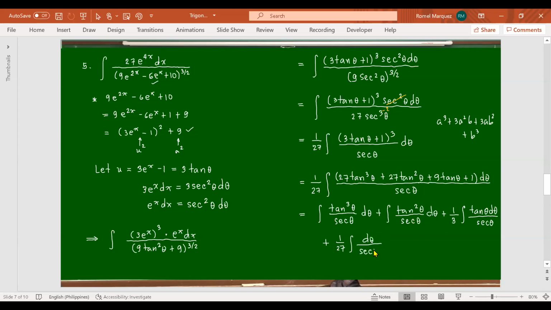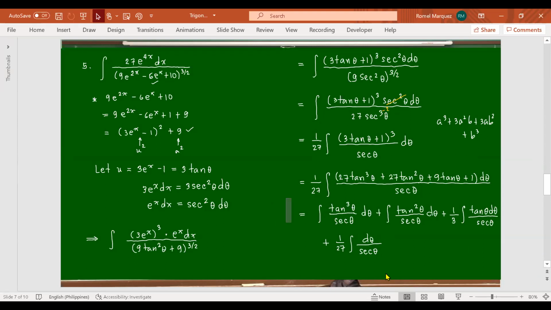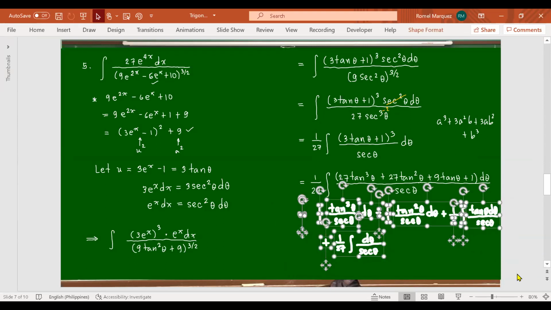But when you bring this up, cosine is the easiest to integrate among these integrals. Okay, so let's now, I think I need to copy these pieces of integrals because I will be moving to the next slide.